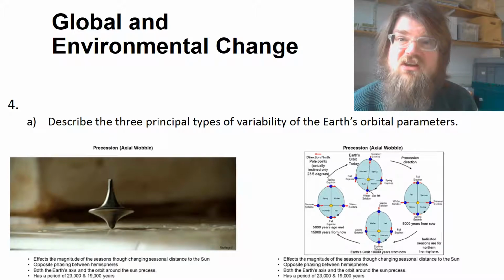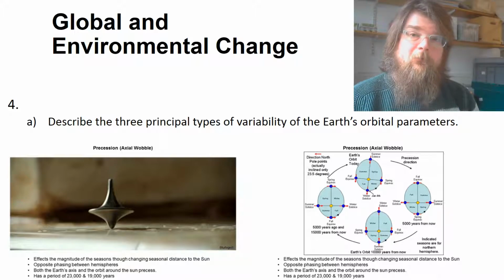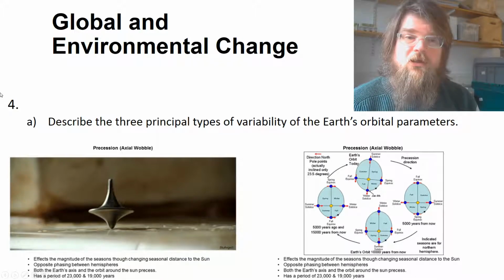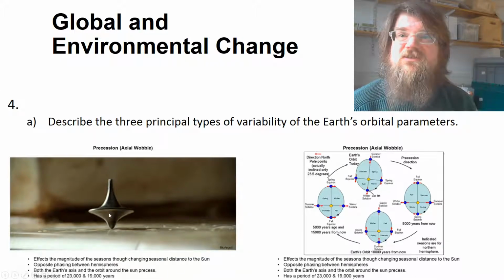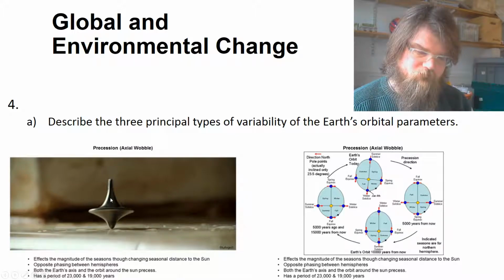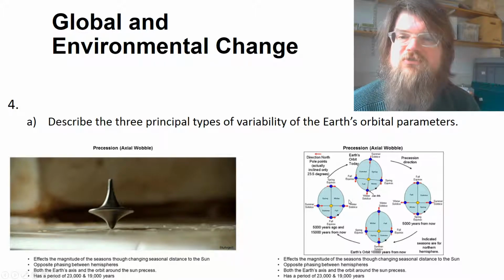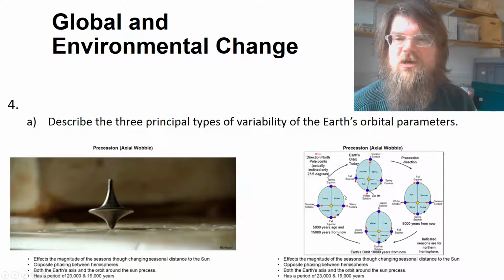And then I guess the last, or the third, it's not necessarily last, there's no particular order to these, it doesn't matter which way around you do them, mode is precession. So this is how the axis of rotation of any kind of spinning object tends to wobble around as the thing rotates. And this means that as the Earth orbits around the Sun, the direction in which this wobble points changes through time.